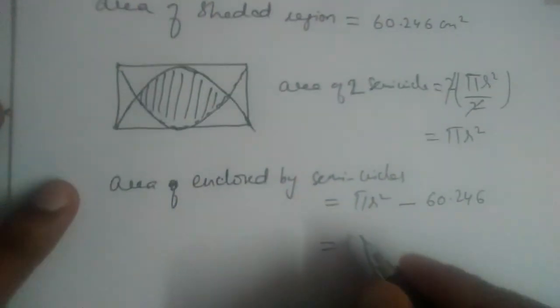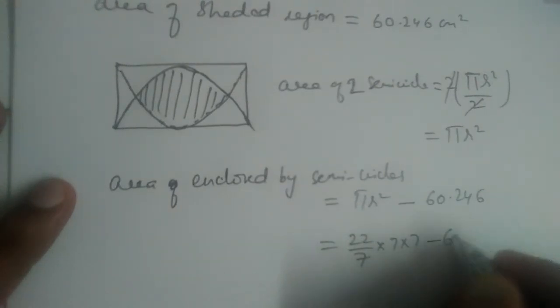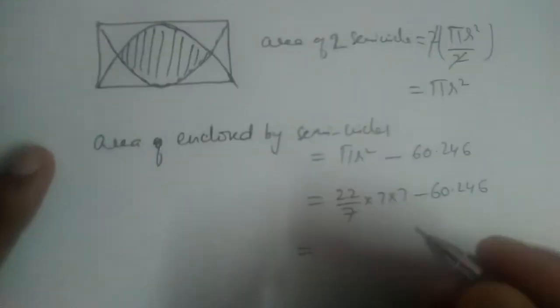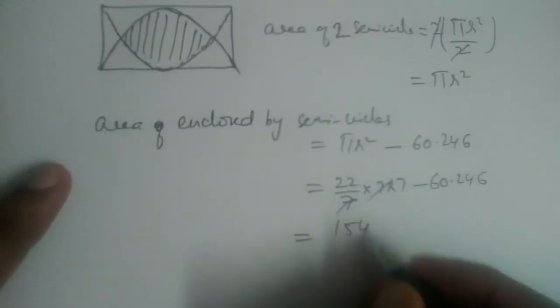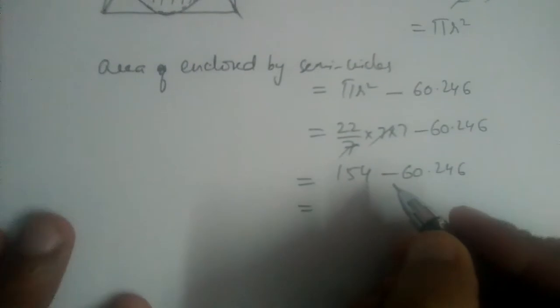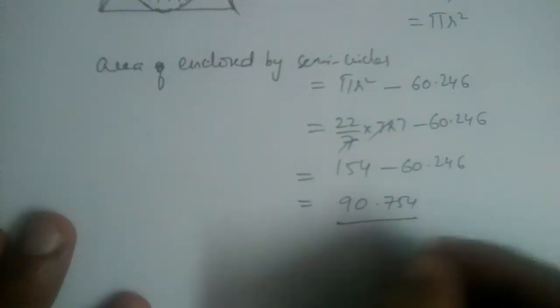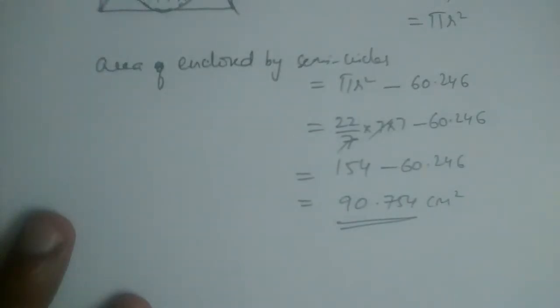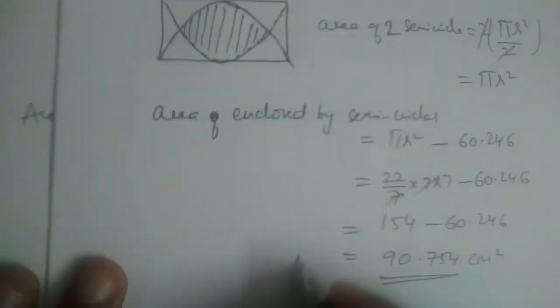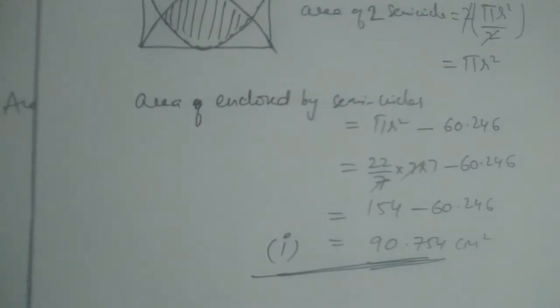So let us substitute. 22 by 7 is pi, r is 7 into 7, minus 60.246. 7 will get cancelled. This will be 154 minus 60.246. So this will come to 90.754 centimeter square. The answer for the first problem is 90.754 centimeter square.